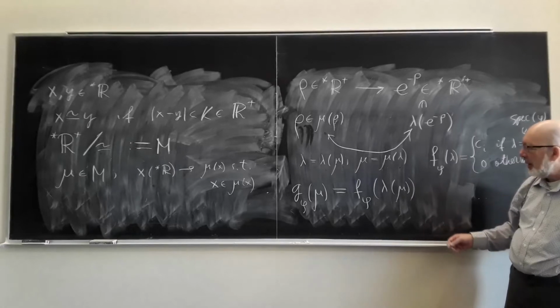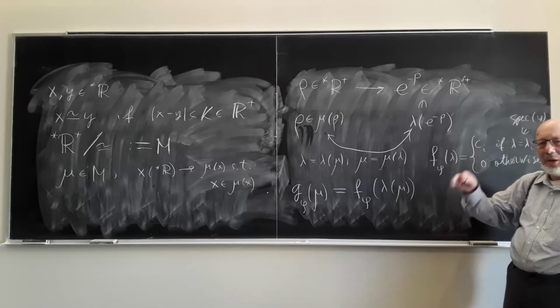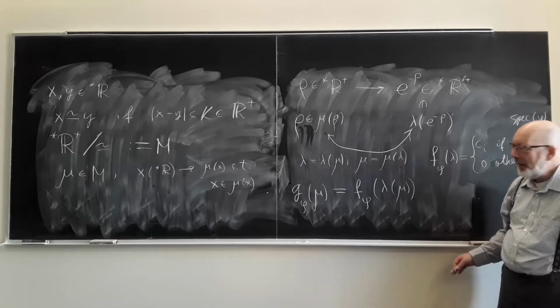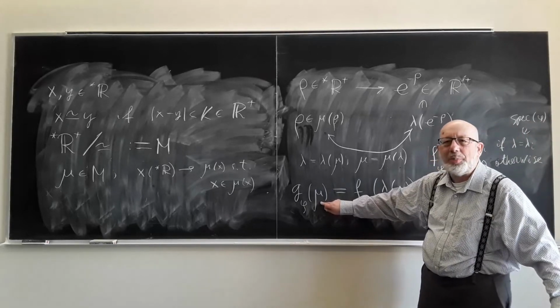So this means that lambdas go down. Lambda I plus 1 is always less than lambda I. Lambdas go down, and hence mu go up.